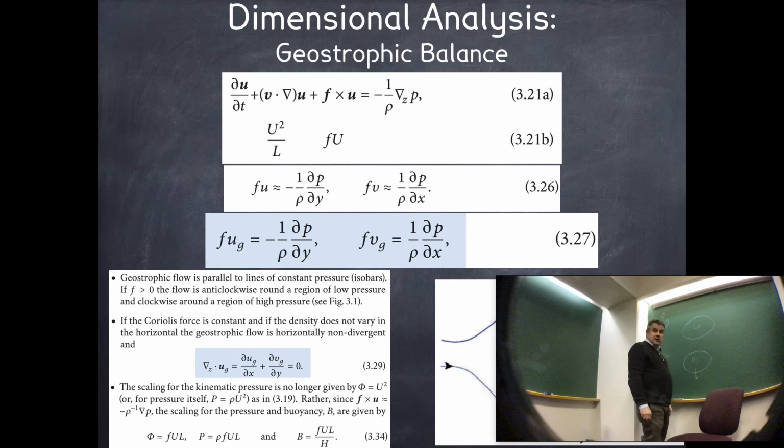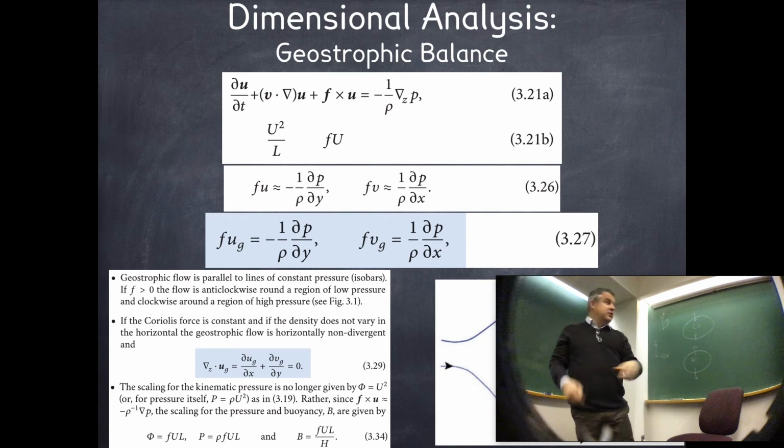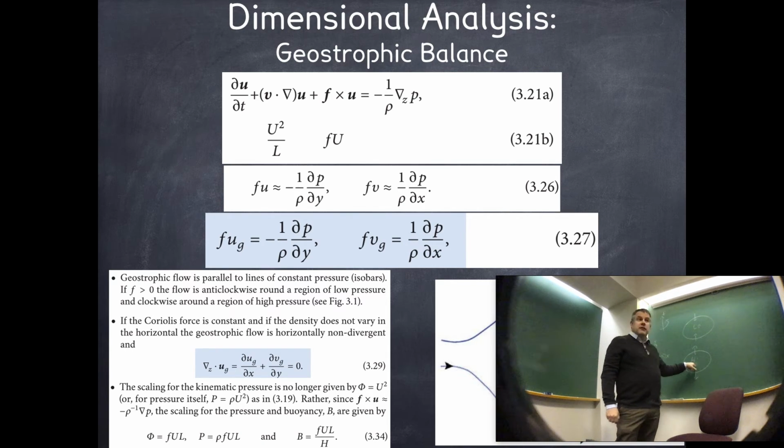What about here? Minus dp dy points this way. What about here? And like that. So minus the pressure gradient is pointing inward toward the center of a low and outward from a high.